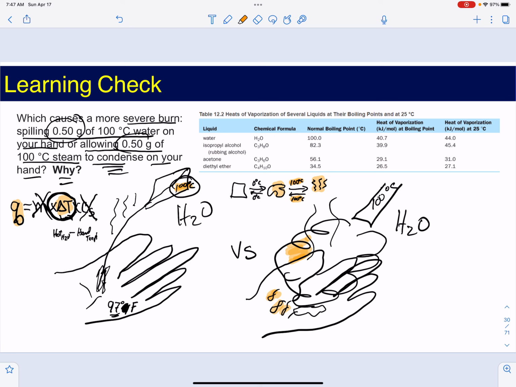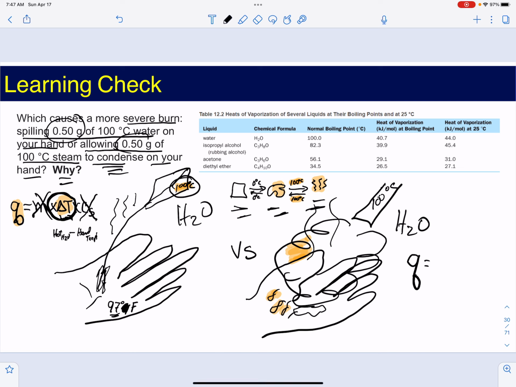Well, there's something new that we haven't discussed. We didn't cover this in chapter 3, and it's a new formula to calculate the heat or the energy involved when there's a phase change, when it goes from solid to liquid or liquid to gas or gas to liquid and liquid to solid.